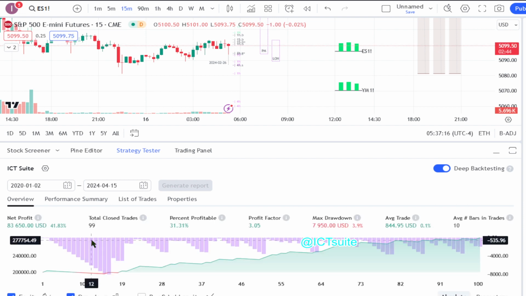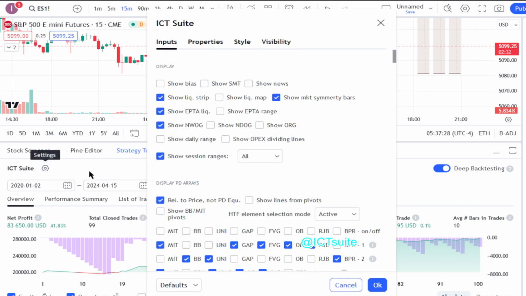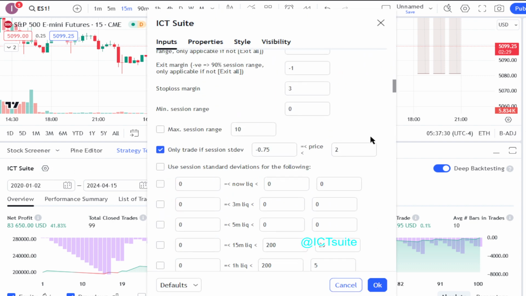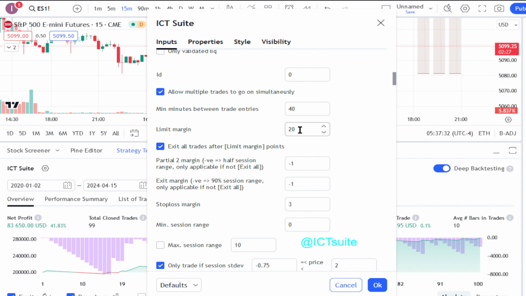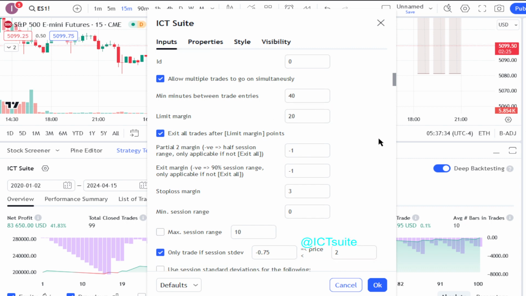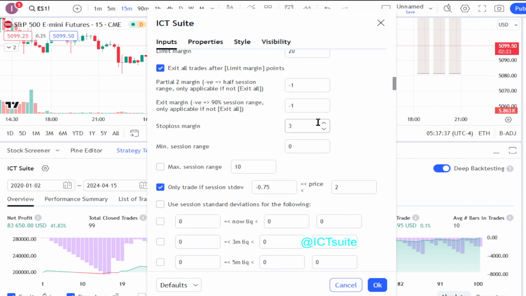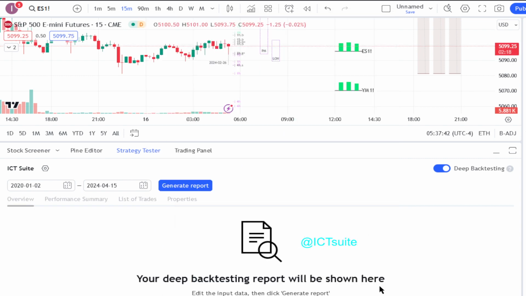Okay, so a 3 points stop loss gives 83,000, 99 trades, 31%. And important to notice here is that we take profit at 20 points. So let's increase to 4 points.